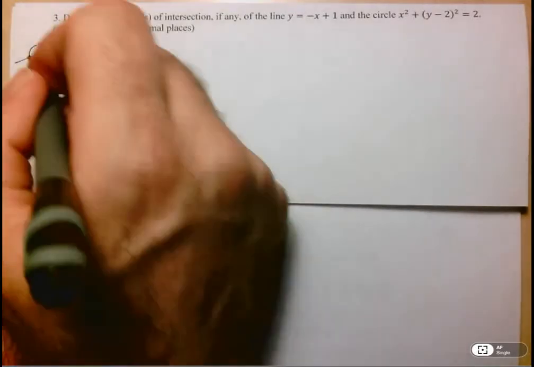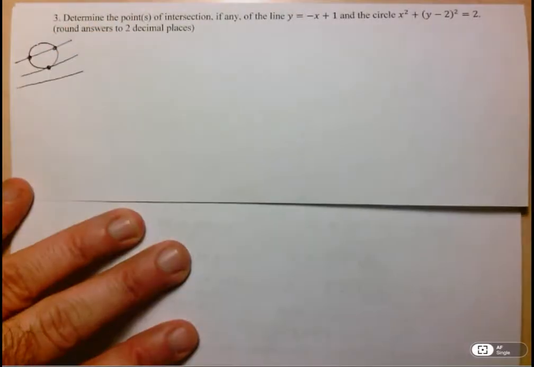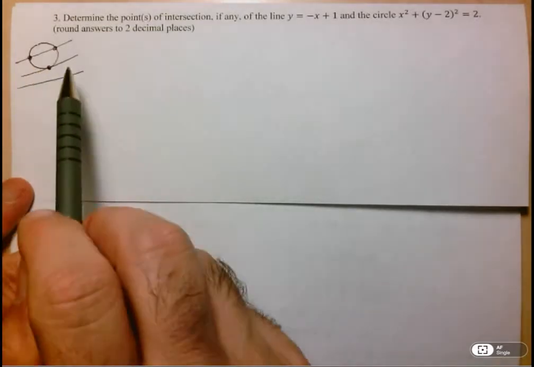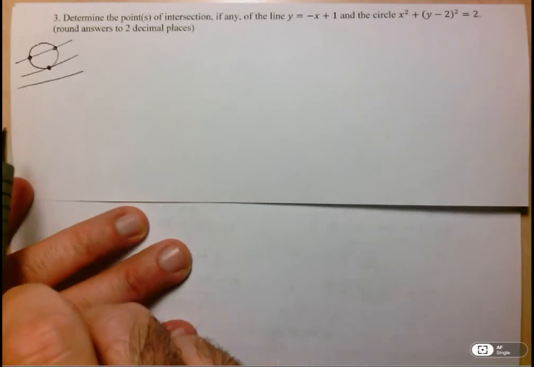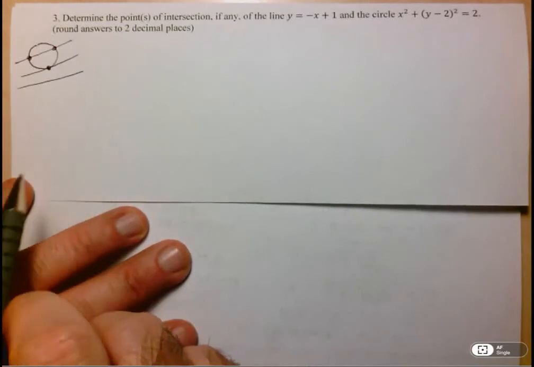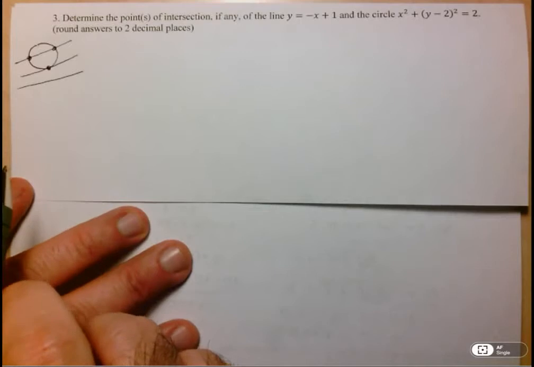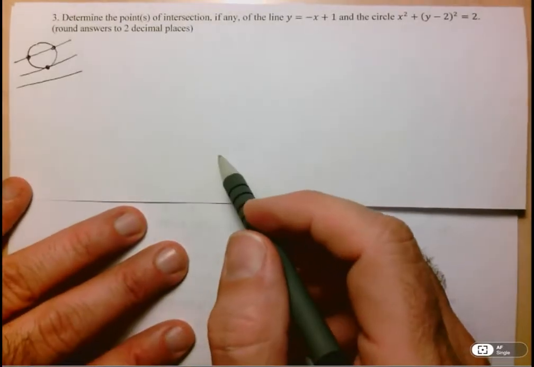Or the line could just not cross the circle at all. So we've got 2 possible solutions, 1 possible solution, or no solution. We should expect to be solving a quadratic equation. Let's take a look at how we're going to do that analytically.